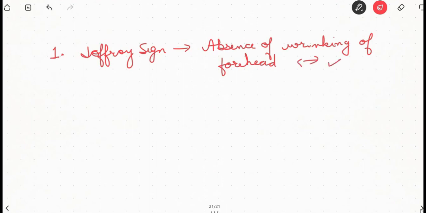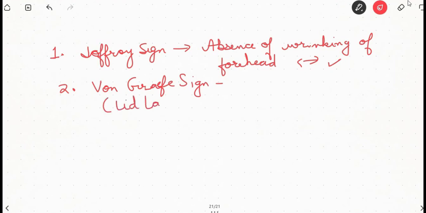The second sign is von Graefe sign, or the lid lag sign.